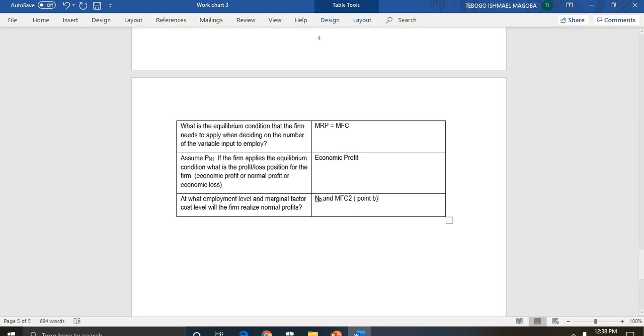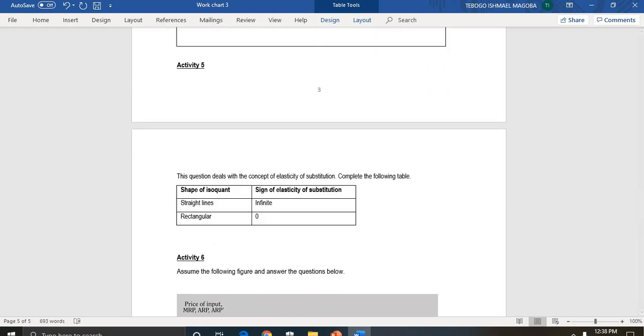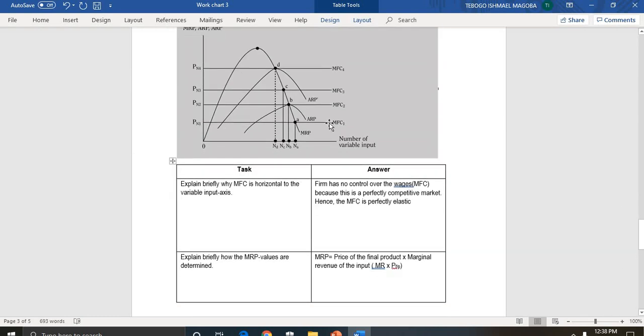Right. And if you go through your slides, you also realize that there's also economic loss here. So at marginal factor cost 4, there is economic loss. Why? Because marginal factor cost is above the average revenue product.